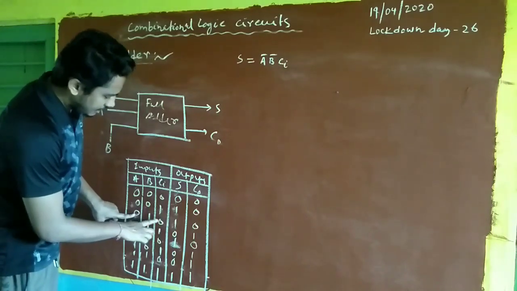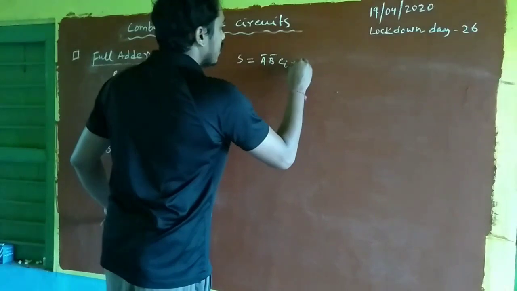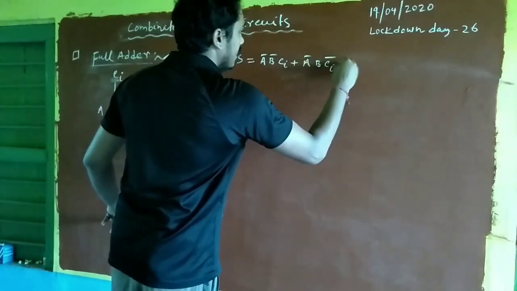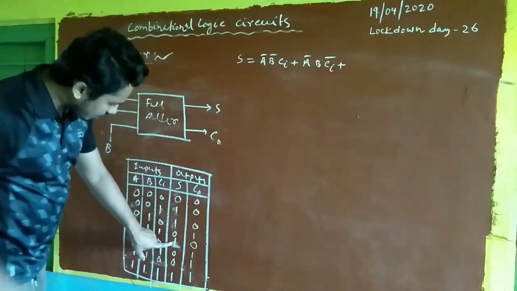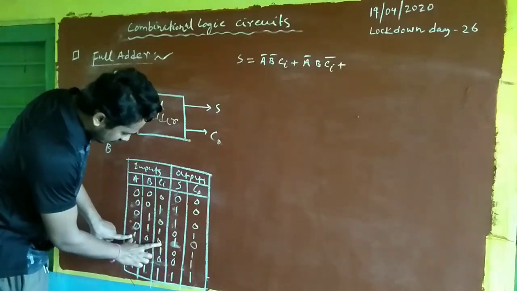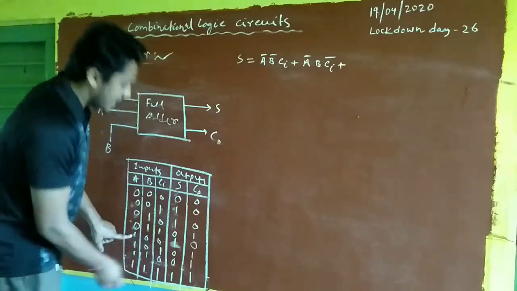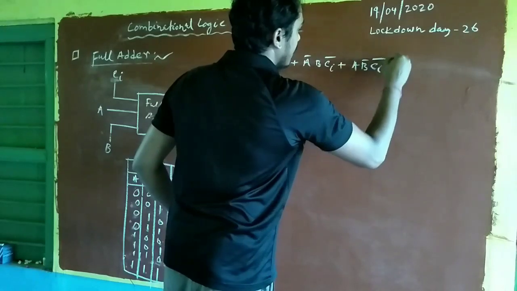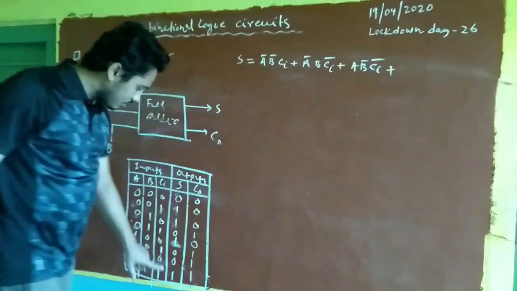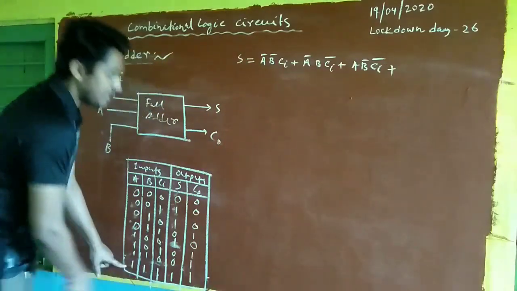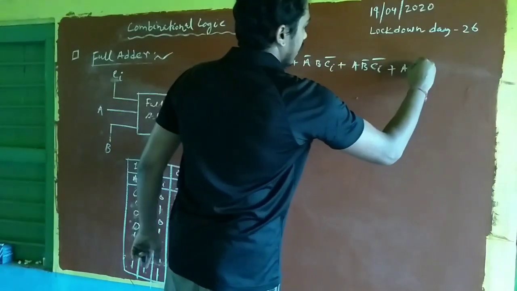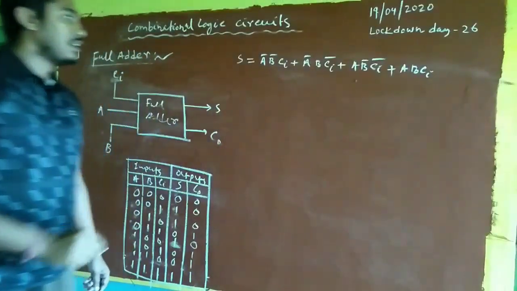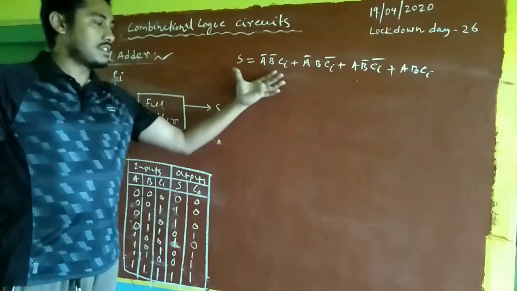A bar, B, Ci bar. So plus A bar B Ci bar. Now for the third one, the corresponding input combination is A, B bar, Ci bar. So A B bar Ci bar. And for this one, it is A, B and Ci. So it is A B Ci.